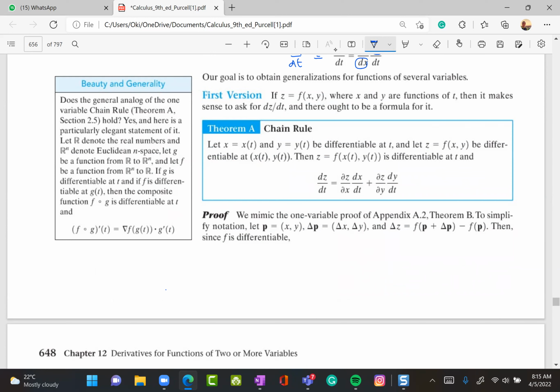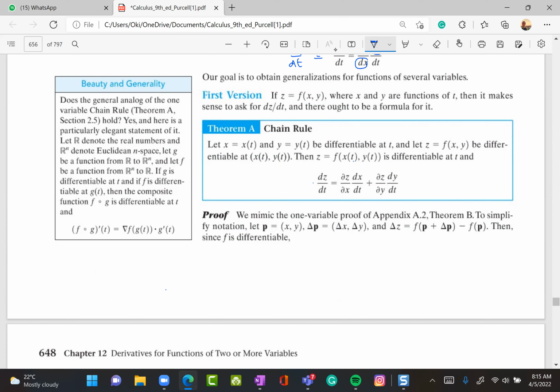So indirectly, z is a function of t. You can take the derivative of z with respect to t. This is just a one-variable derivative, so it'll be dz over dt.